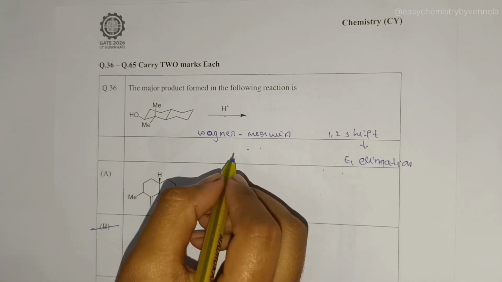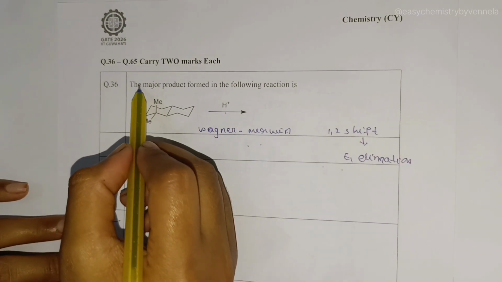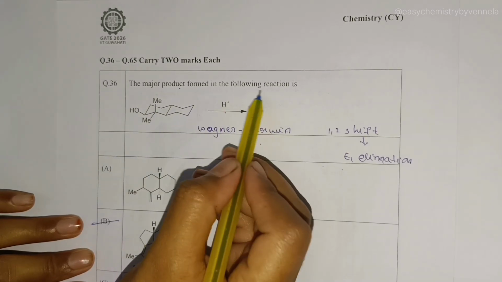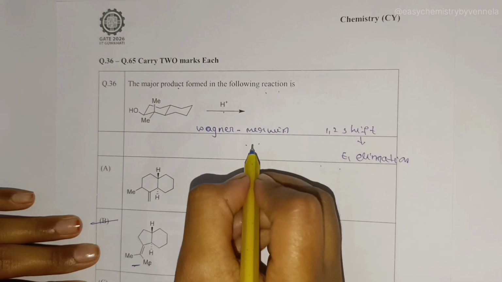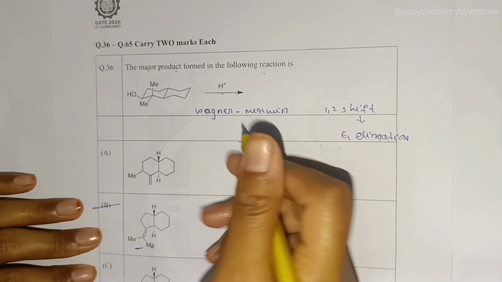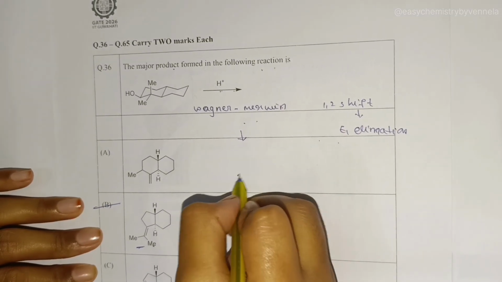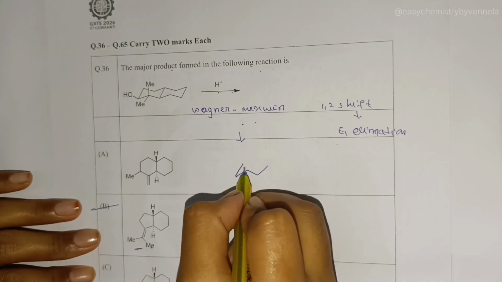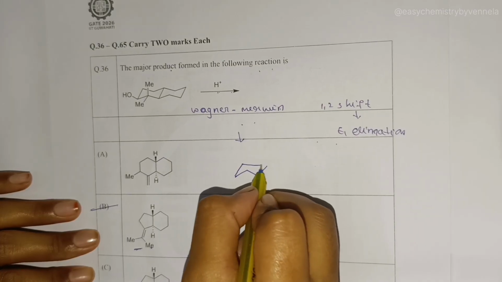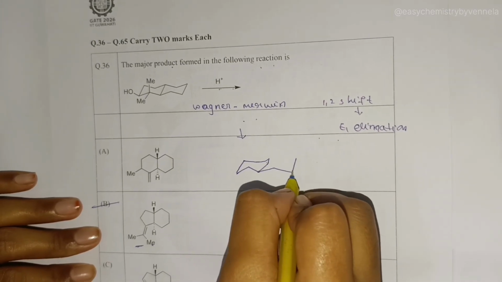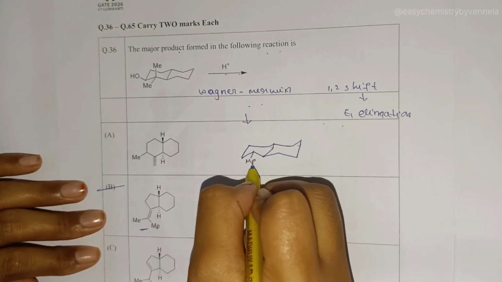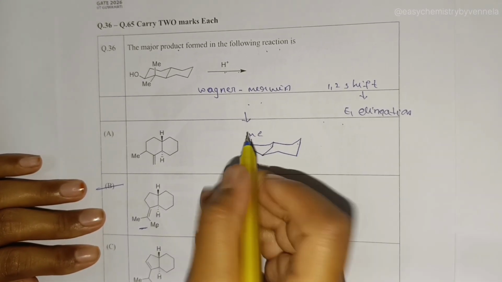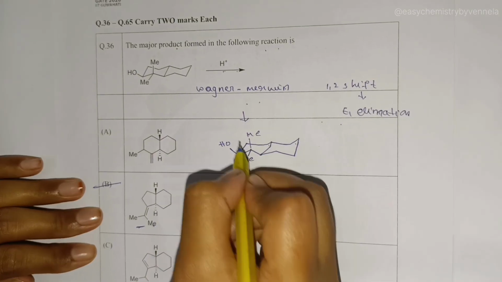So let's begin. The first question is, major product formed in the following reaction is. In this, first protonation of alcohol will take place. Here methyl and methyl. Here protonation will take place.